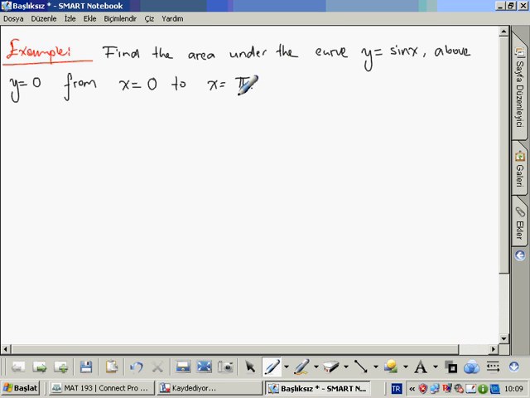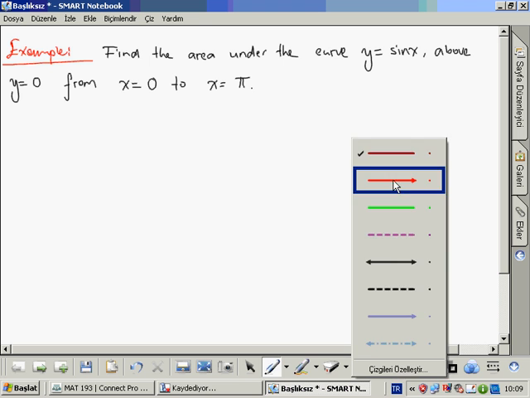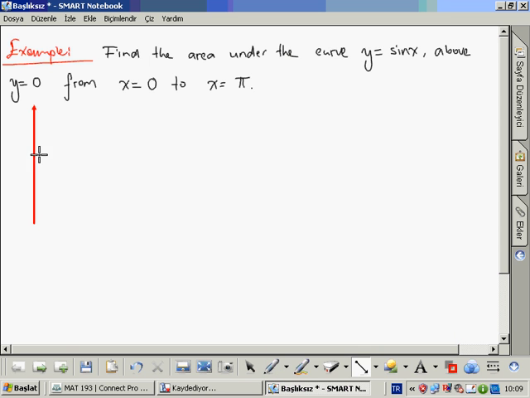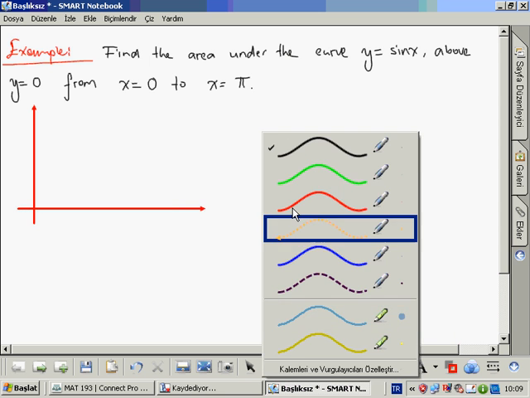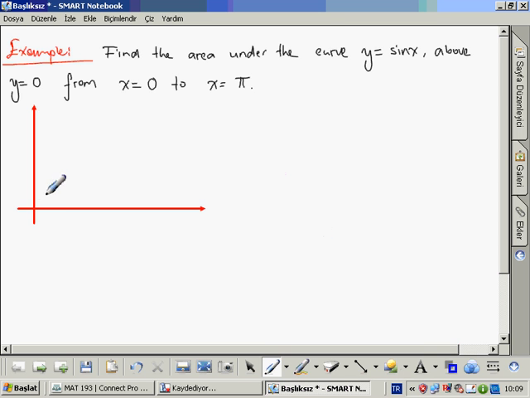Okay, firstly, let's understand what we are looking for. Let me sketch this sine function on the coordinate system, and we know that the sine function is like that.